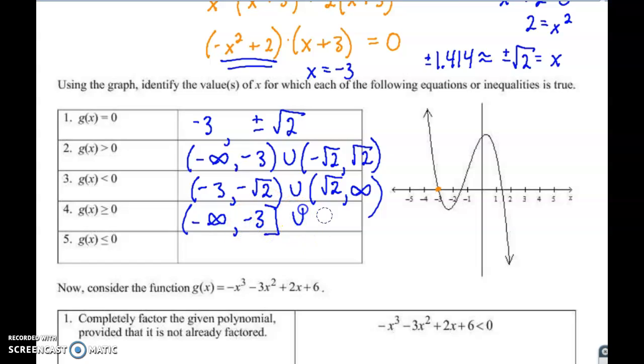I'm trying to go quickly, and hopefully you can read my handwriting. And this one's only different because it's got brackets with number 3. But then please don't forget that infinity is always a parenthesis.